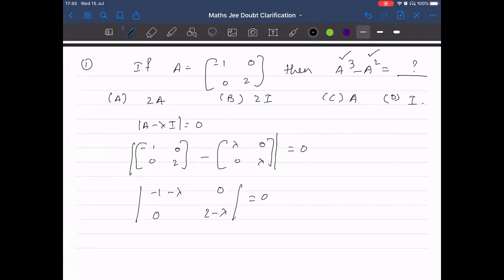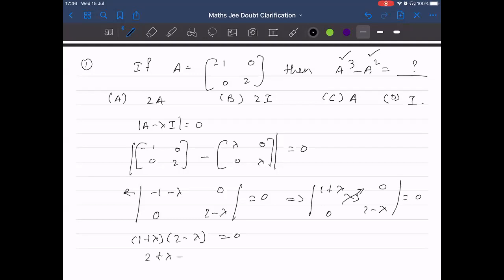Just take minus common here, so we have 1 plus lambda, 0, 0, 2 minus lambda equals 0. Find the determinant: 1 plus lambda into 2 minus lambda equals 0. So 2 plus lambda minus lambda square equals 0.